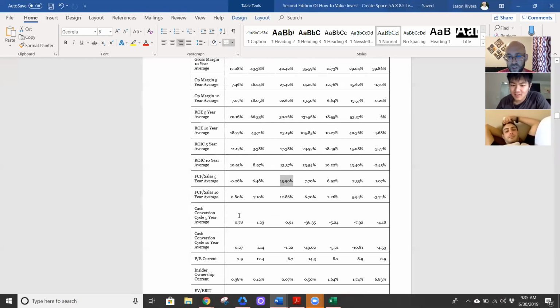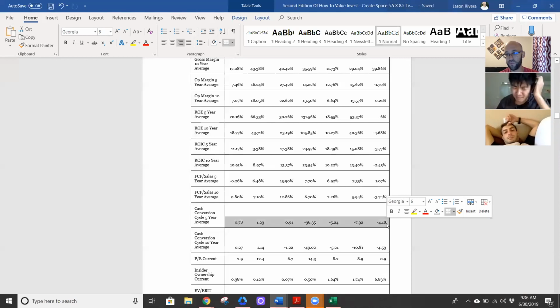I don't know if we've talked about the cash conversion cycle much. Do you guys know what these numbers mean just by looking at them? It's like how much it takes for you to convert in cash what you sold, no? Yes.